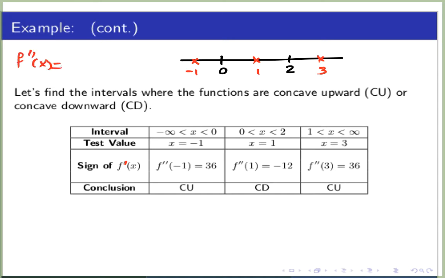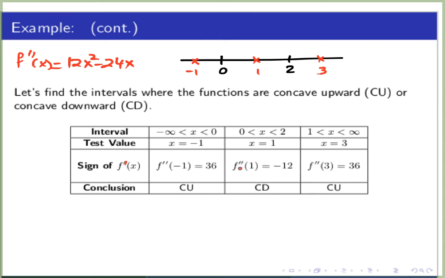The second derivative is 12x squared minus 24x. So when it is 1, 12 minus 24 is minus 12. Very good, it's correct.